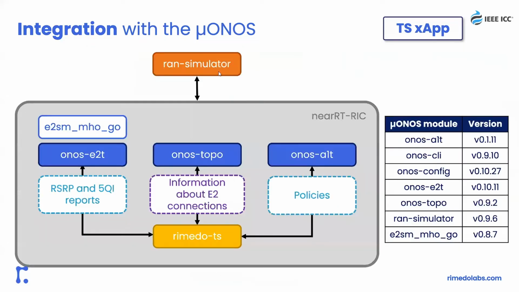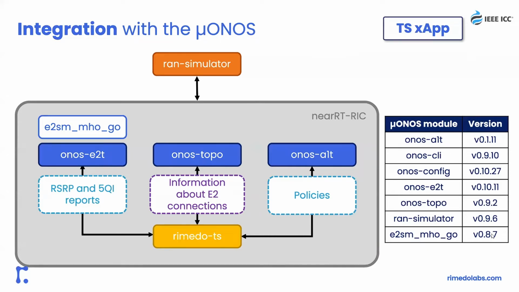So from the perspective of just Rimedo traffic steering xApp, we have these three components, so ONOS A2T, ONOS topo, and ONOS A1T, which are needed simply to collect data about UEs, also about all connections and relations inside this controller, and also to have access to policies.